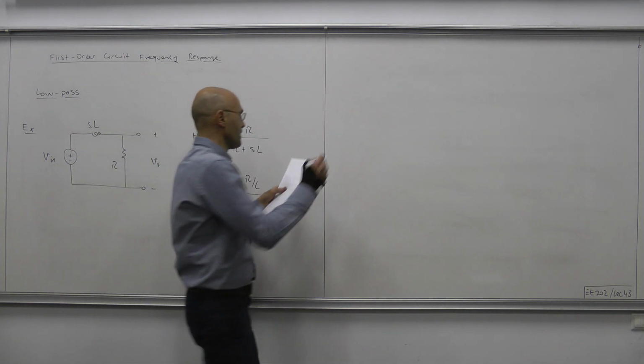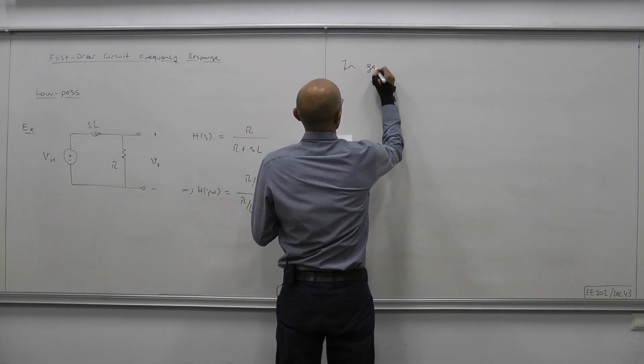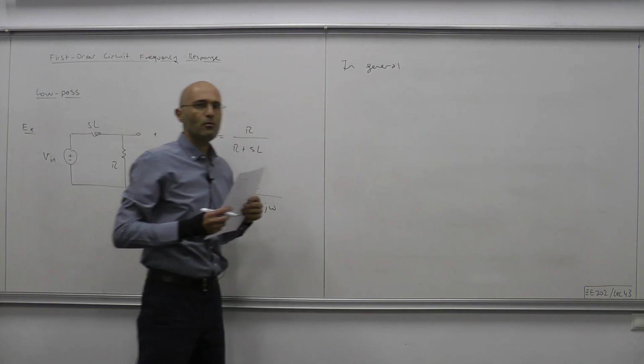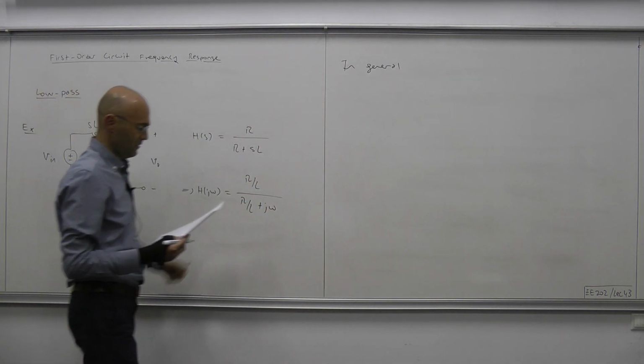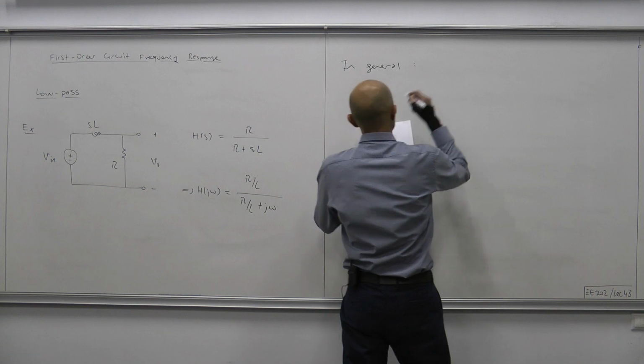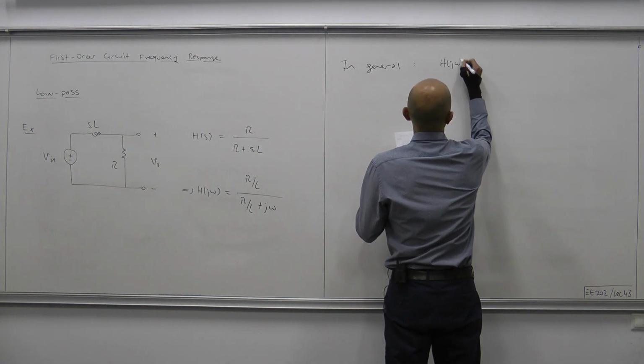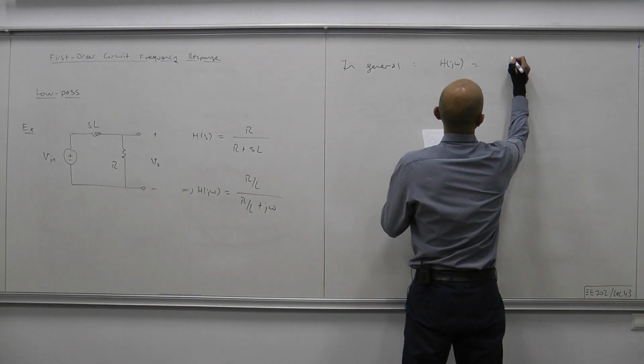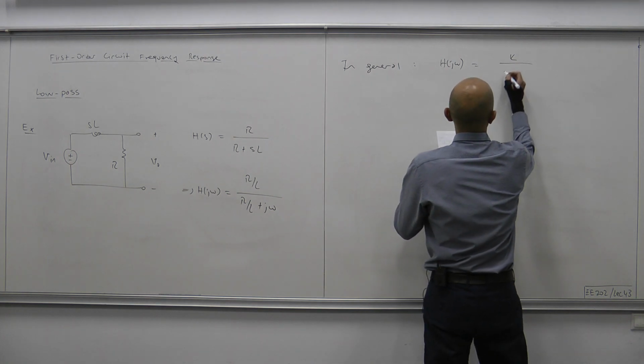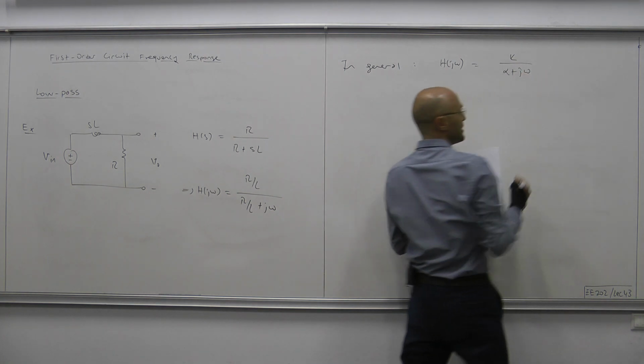Now the general form of a first order low pass filter is this: H of J omega equals K over alpha plus J omega.